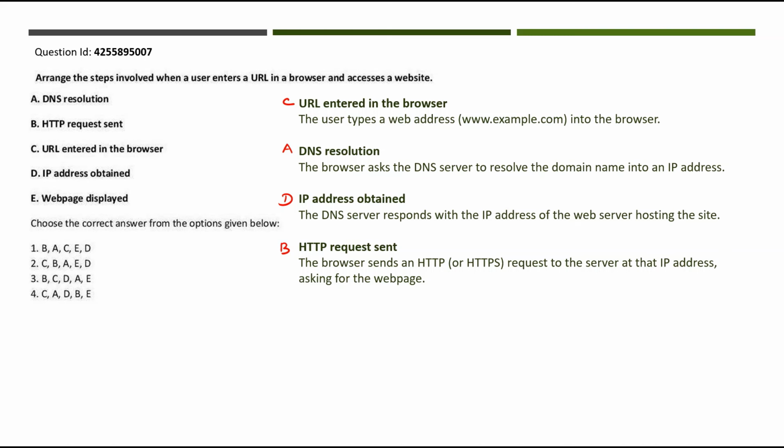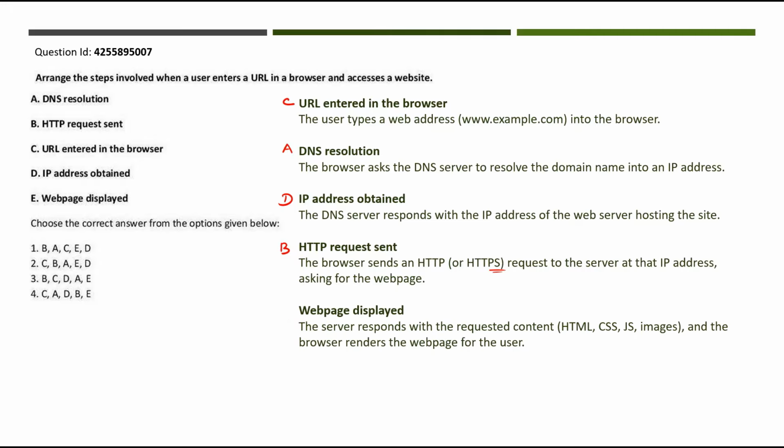The browser sends HTTP or HTTPS, the secured request, to the server at that IP address asking for the web page, and once the request is sent, the web page gets displayed, which is E. The server responds with the requested content, which will contain HTML, CSS, JavaScript, some kinds of images, everything, and the browser renders the web page for the user.